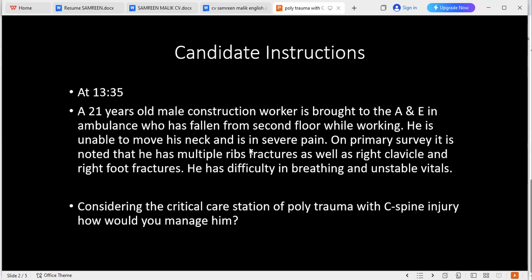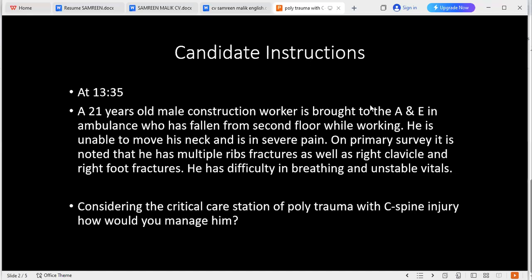According to the multiple fractures in the B approach, I will stick to the emergency or critical interventions in the first 10 minutes, to ensure that the patient's respiration is regular and nothing is endangering the respiration of the patient.